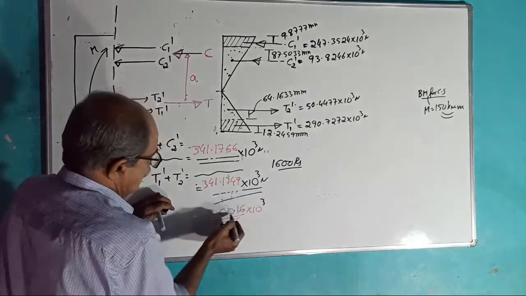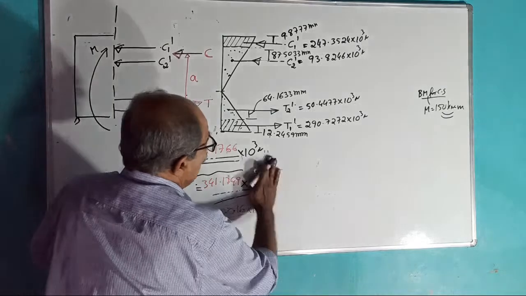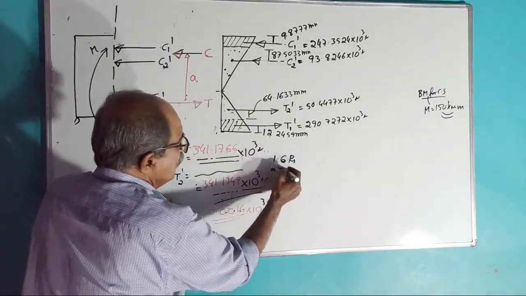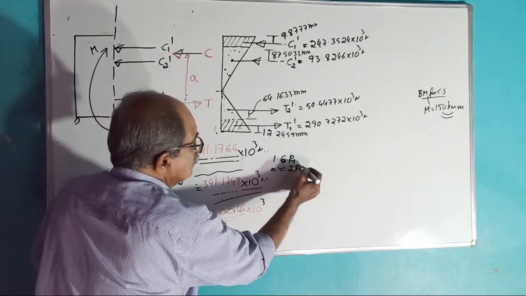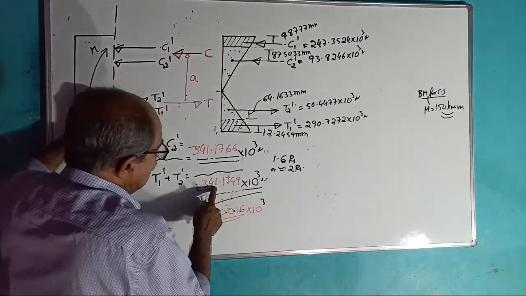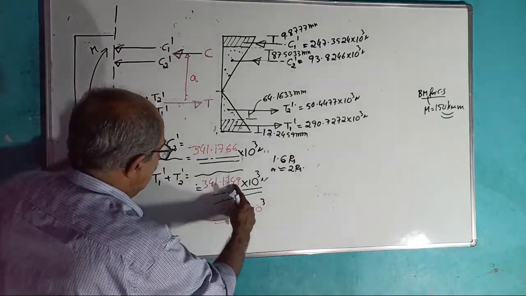So it is 1.6, it is 1 rupee 60 paisa or almost say 2 rupees. So a 2 rupee difference in 341 10 to the power 3.